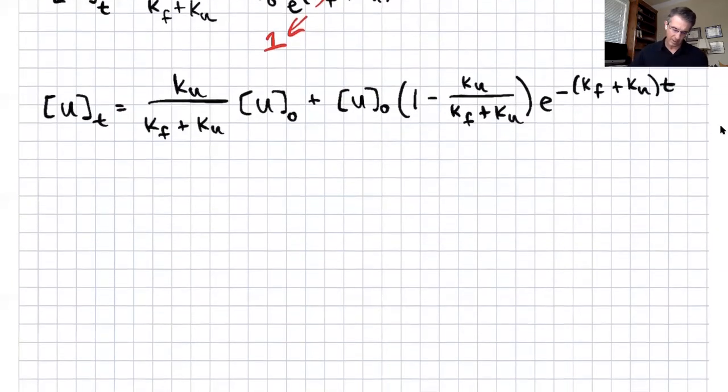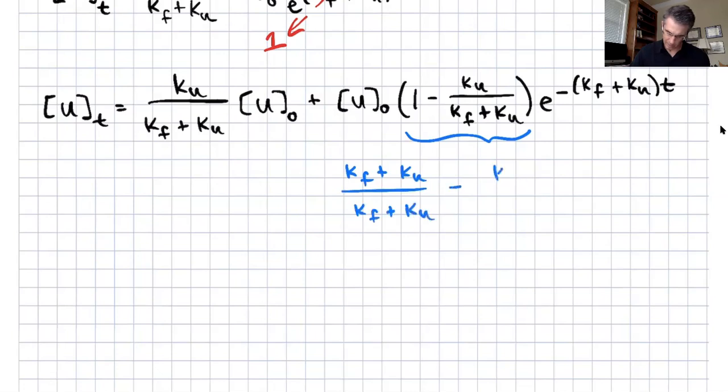All right, well, let's see if we can simplify this thing a little bit. We can simplify this for sure, because we can recognize that that's just (kf plus ku) over (kf plus ku) minus ku over (kf plus ku), which is just going to be equal to kf over kf plus ku.